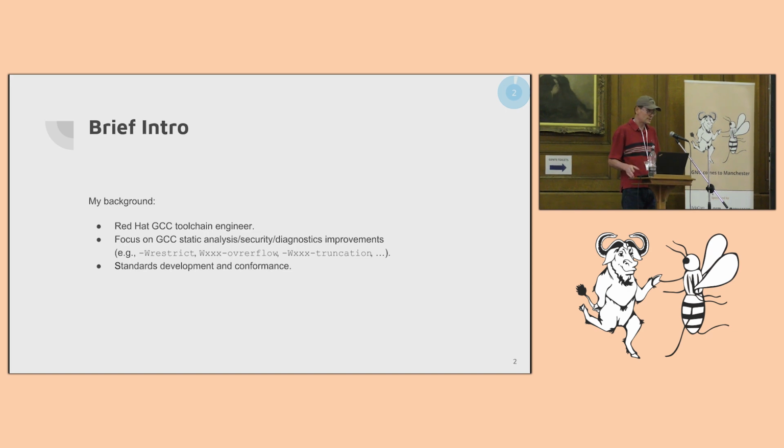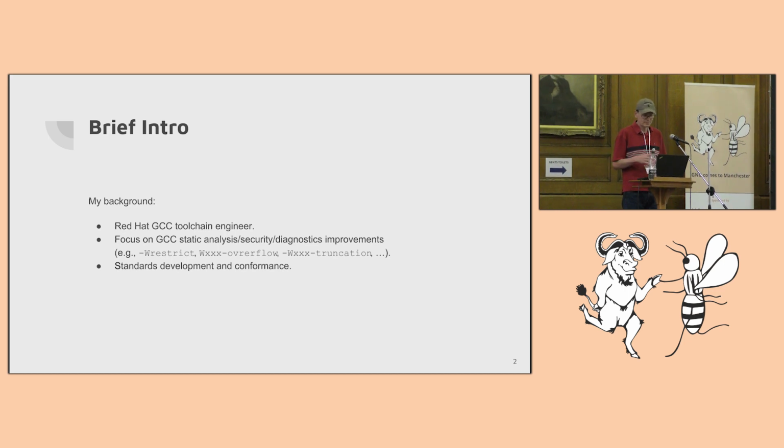Just a few words about myself. I'm a GCC toolchain engineer at Red Hat for the last three and a half years, and prior to that, I was a toolchain engineer at Cisco. My focus throughout my career as a GCC engineer has been primarily on security, static analysis, and diagnostic improvements.